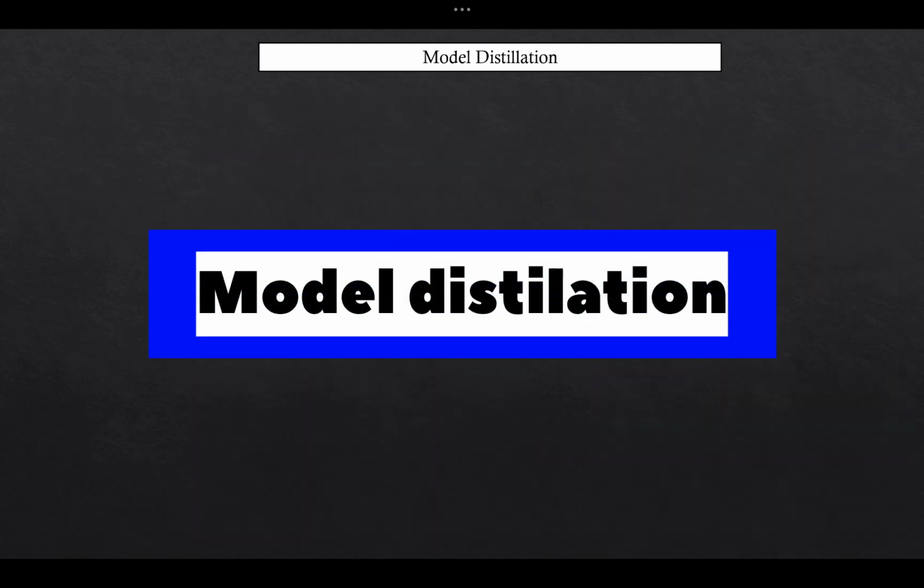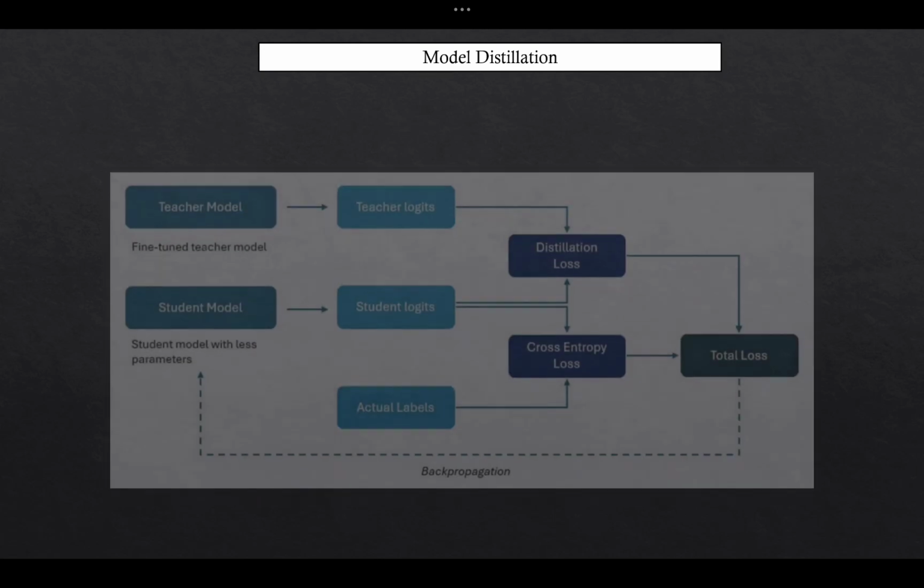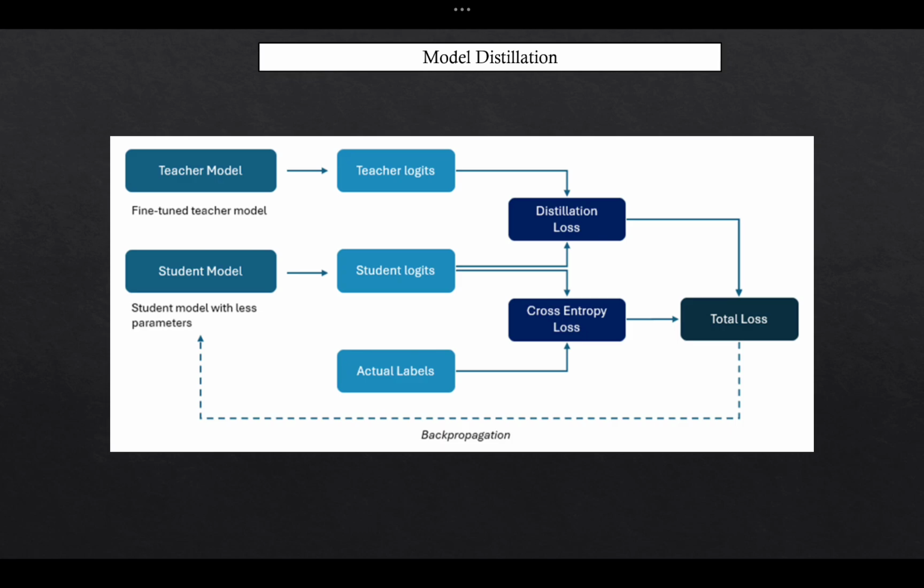In the paper they have also talked about this model distillation based on the reasoning model. Now let's try to understand what this model distillation looks like on a high level. So what does a typical training process of any deep learning model look like? We get a prediction from the model. Then we have the actual labels, and we compare the predicted labels with the actual labels, and then we use a cross entropy loss to update the model parameters, right?